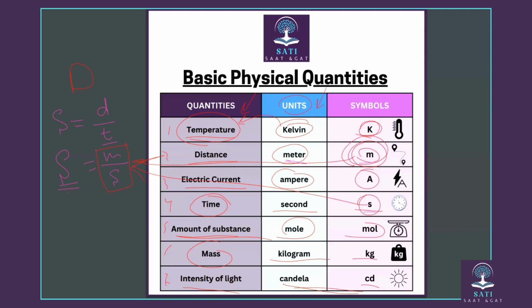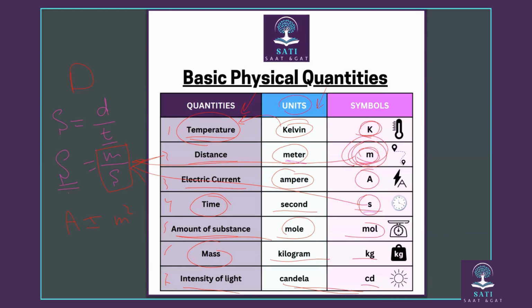So speed, or the quantity of speed, is called a derived quantity, and its unit is called a derived unit because it was derived from other basic units. And you have other examples. For example, area: what is its unit? It is meter squared. Where does meter squared come from? It came from meter times meter, so it came from basic quantities.